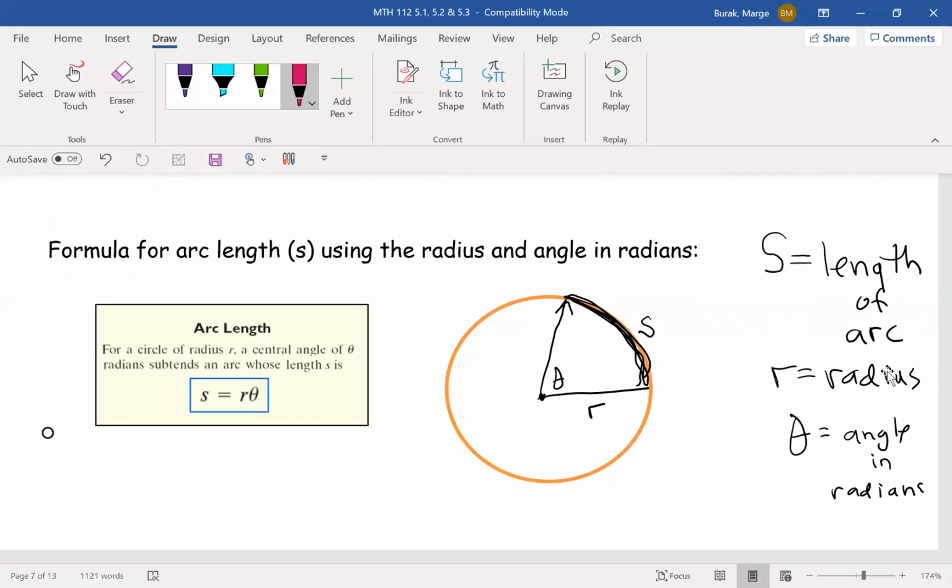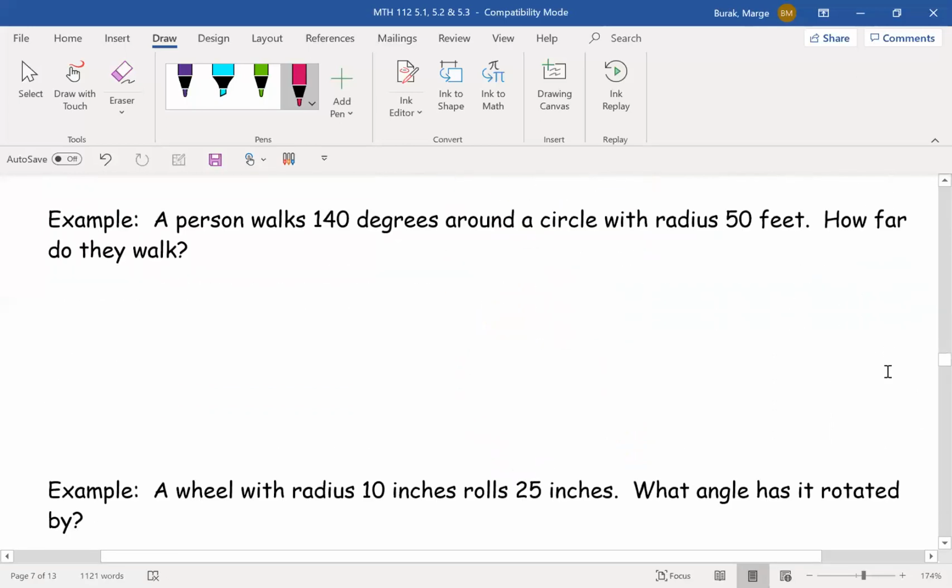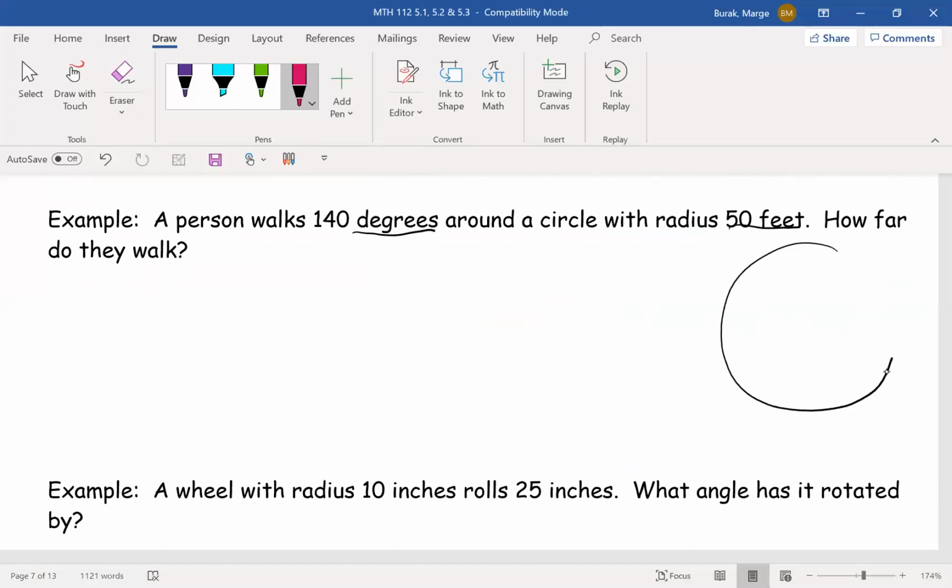Okay, so let's see if we can solve a problem here. A person walks 140 degrees around a circle with radius 50 feet. How far do they walk? Well, let's draw a little picture. Let's say they start here and they're walking 140 degrees. The radius is 50 feet. Now this is 180, this is 90.